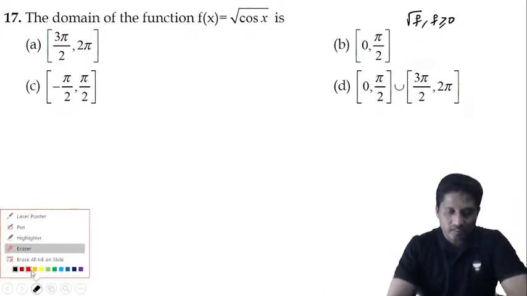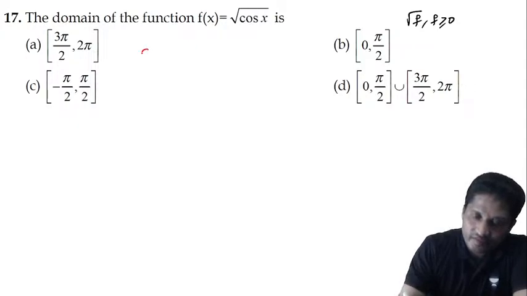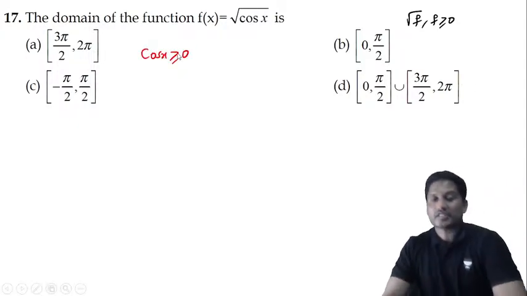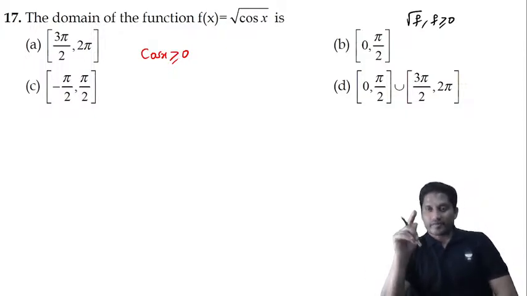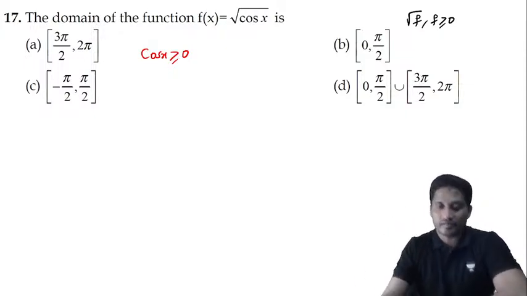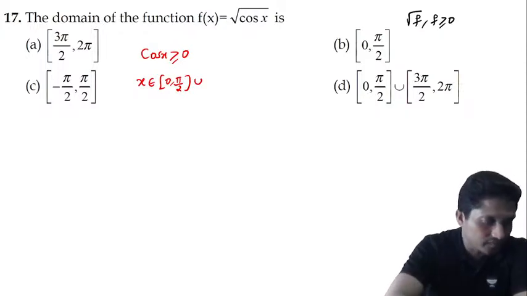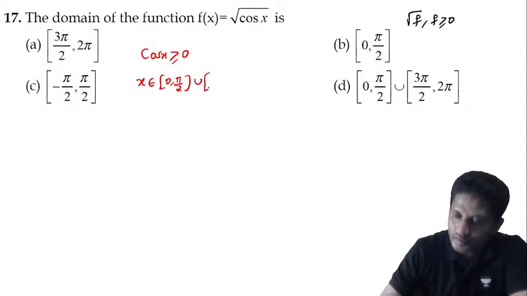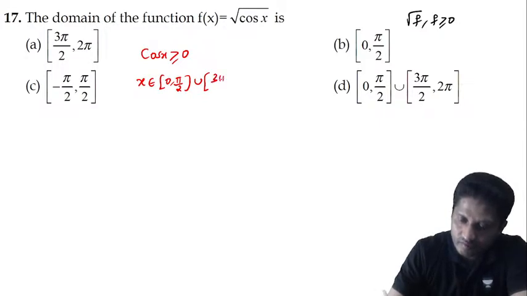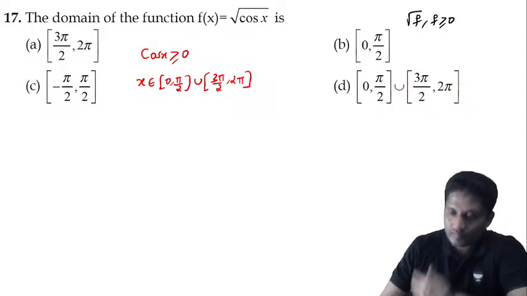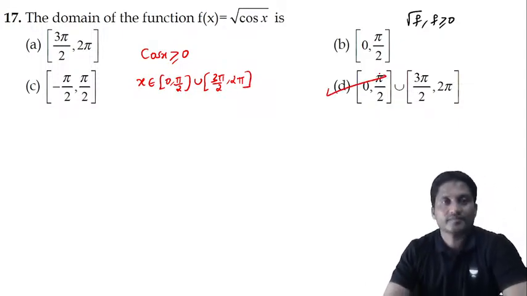If I use this logic, root cos x is defined when cos x is greater than or equal to 0. Cos x greater than 0 means cos is positive in the first quadrant and fourth quadrant. Therefore x belongs to the first quadrant, which is 0 to pi by 2, and the fourth quadrant will be 3 pi by 2 comma 2 pi. Right, the answer is option D.